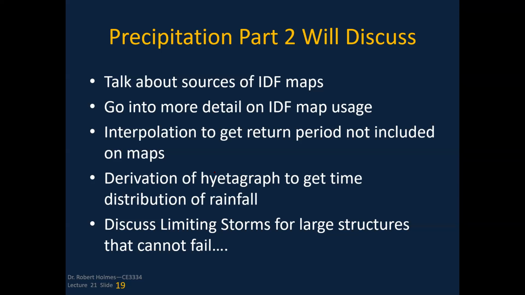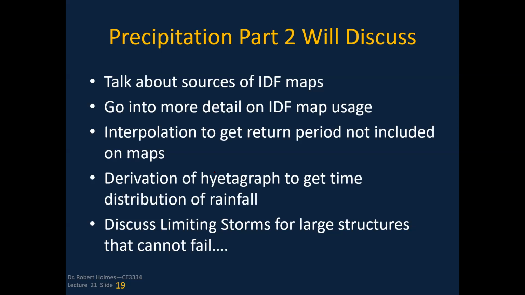So we've got the 2-year, the 5-year, 10-year, 25-year, 50-year, et cetera. But let's say that for some odd reason, you might want something different, maybe a 28-year or a 15-year. I don't know why you would necessarily want that, but you can actually interpolate to get the return period not included on those maps.